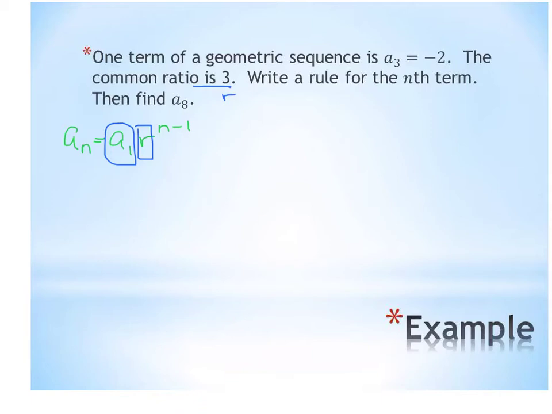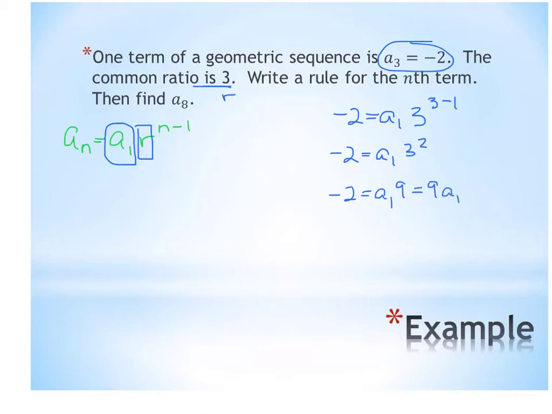So if we use this as our nth term, negative 2 equals a sub 1 r to the 3 minus 1, because my nth term is my third term. Negative 2 equals a sub 1 times 3 squared, which is negative 2 equals a sub 1 times 9, or 9 a sub 1.